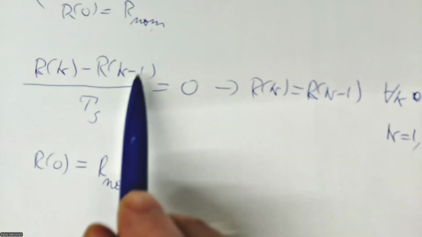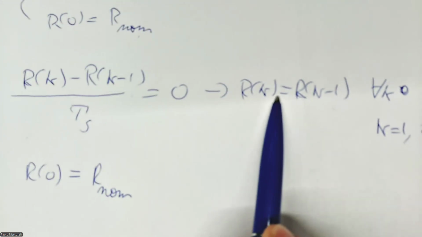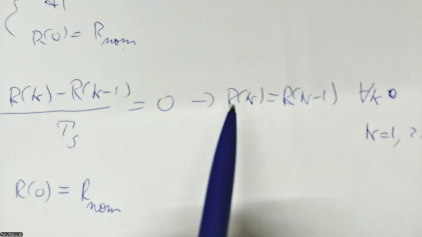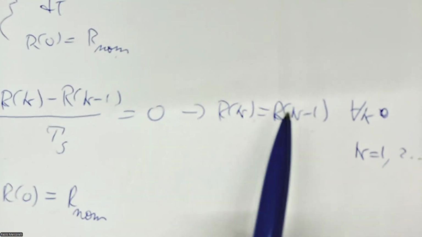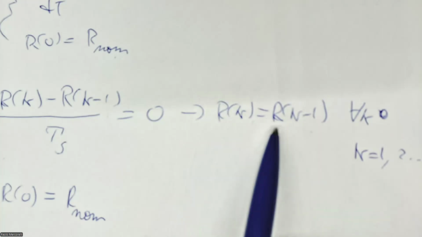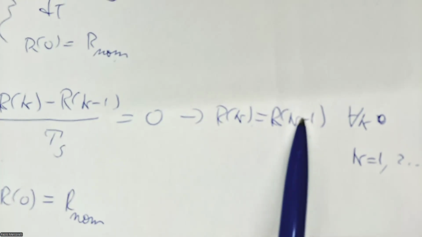From here, I will obtain this. This is basically the concept I express. What is this expression? It says that R remains constant, because if for each k, R_k equals R_{k-1}, it's clear from here to here, no? Math. This means R is constant.